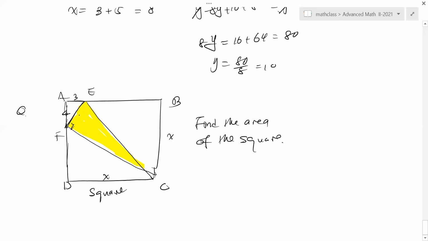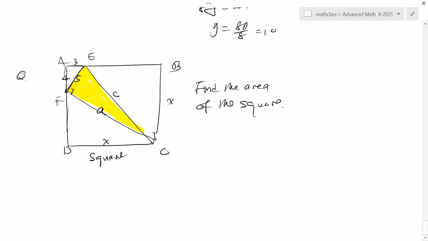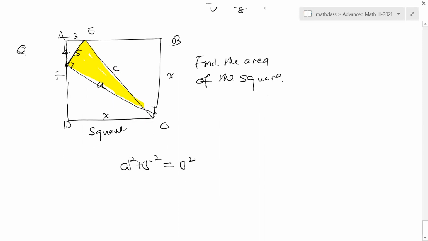So this side is 5, it's already given. This is C, and maybe I call this A, right? So somehow we have to use this one as a right triangle. So A squared plus 5 squared equals C squared. Write all the equations you can get by the Pythagorean theorem.